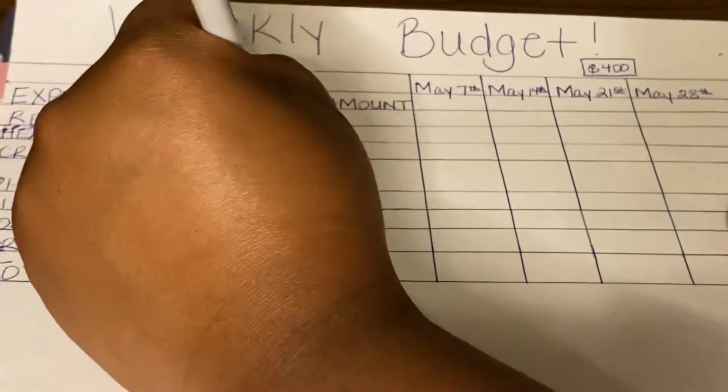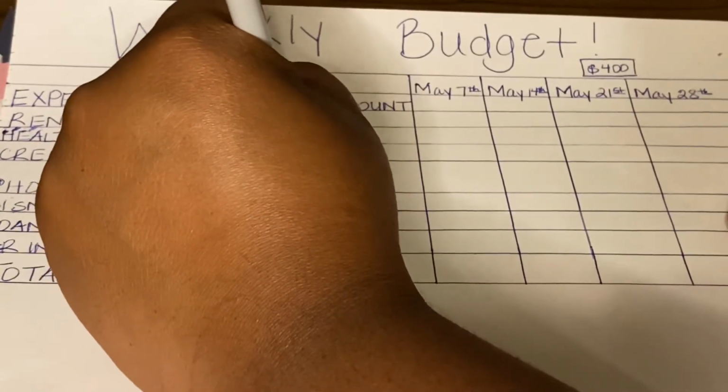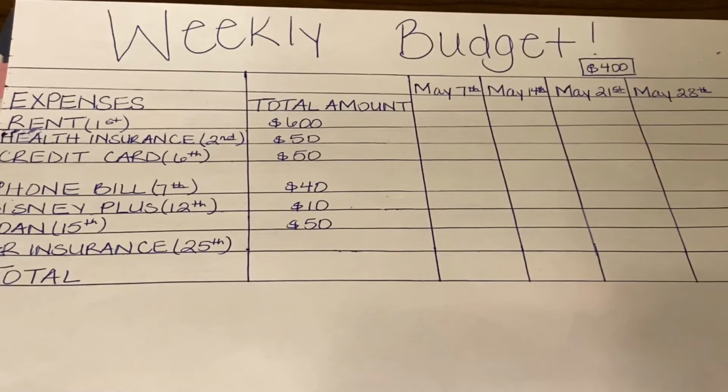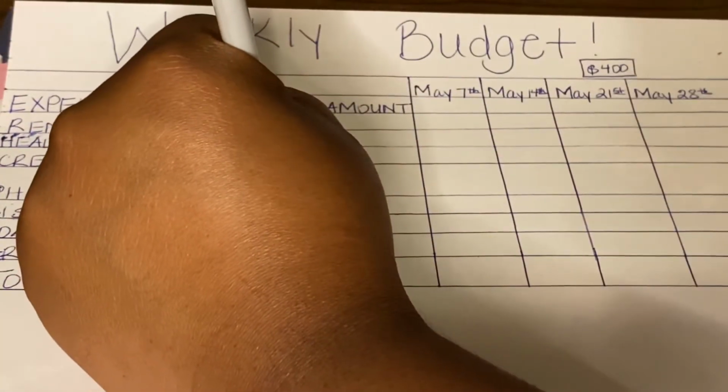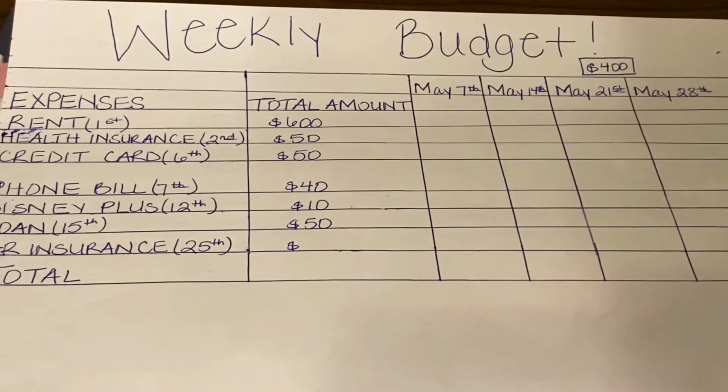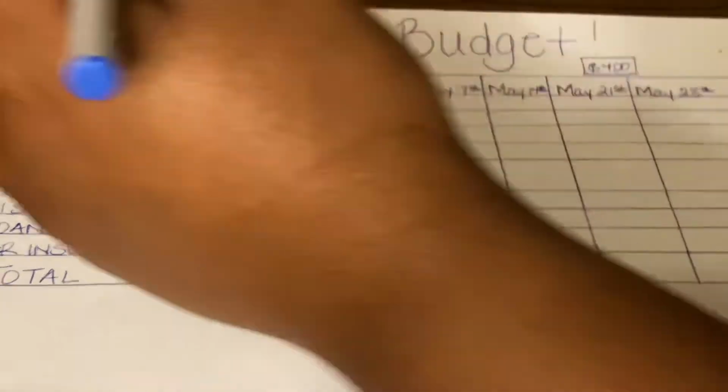Loans, let's say you want to do a small amount of 50 on your loans every month. And then car insurance, I don't really know how much that goes for, so I guess I'll just say 200.